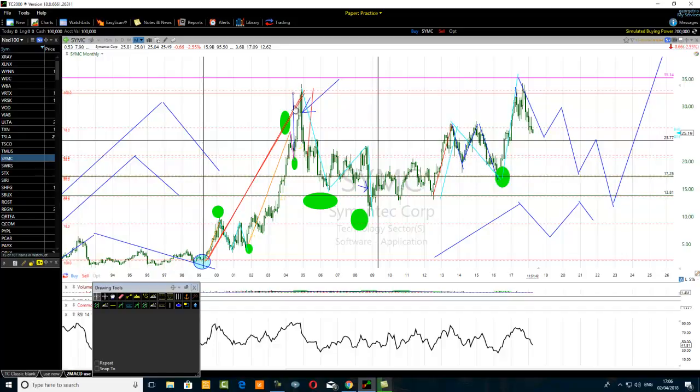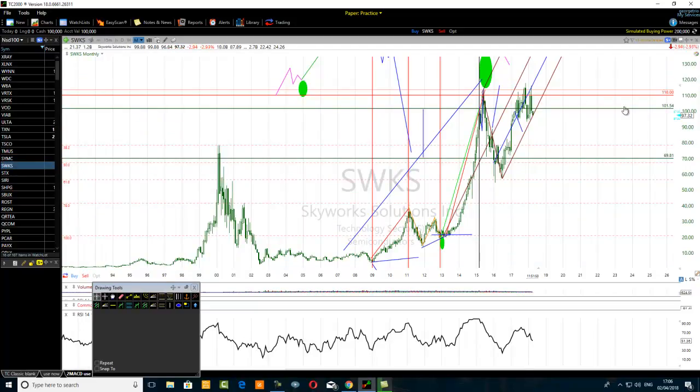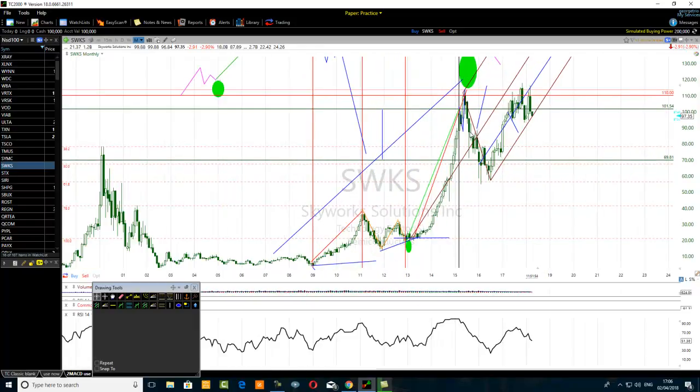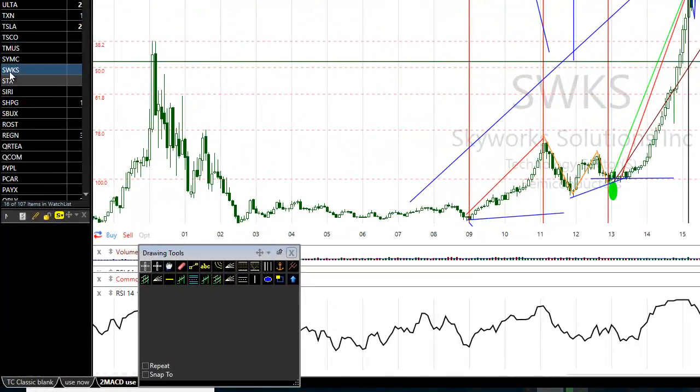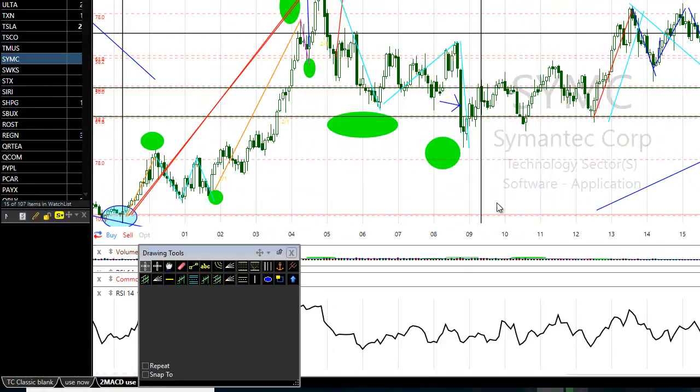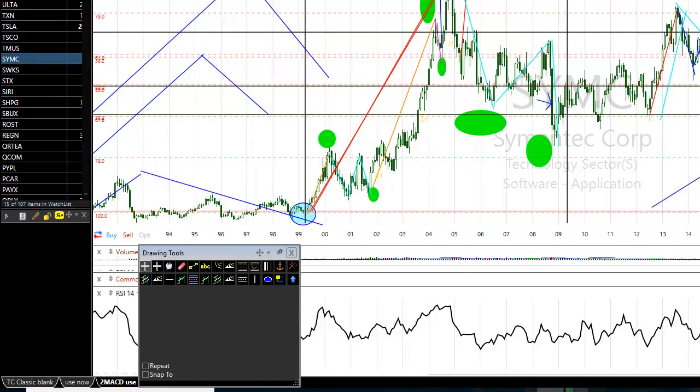So this information that I have, I see here, prior went out, Symantec went out, and then from this round, looking at Skyworks, the question that I'm going to ask: will Skyworks also form a similar pattern? That is the question I'm asking. All right. Then I will compare the broader viewpoint of Symantec to Skyworks.